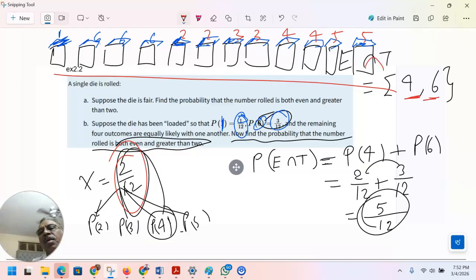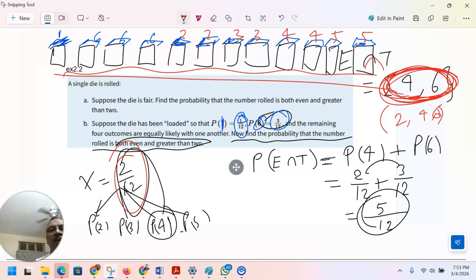Even is 2, 4, 6, right? And greater than 2 is 3, 4, 5, 6, and both together are 4, 6. So that's the understanding of visuals to know why it is this answer. So this is even, and we have 1, 4, and 6.